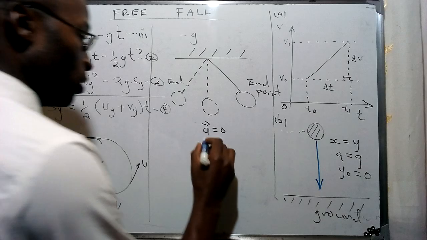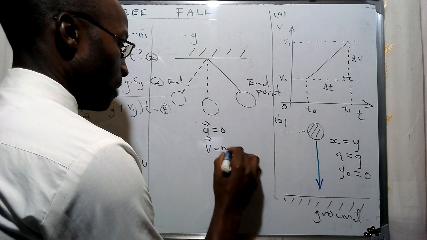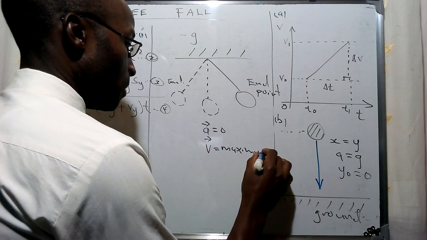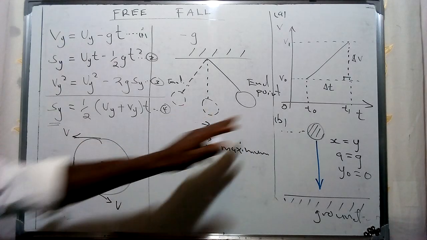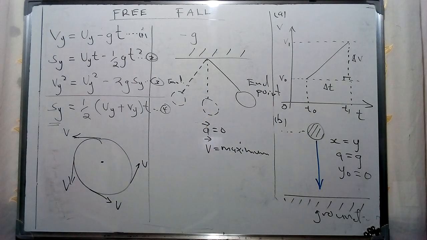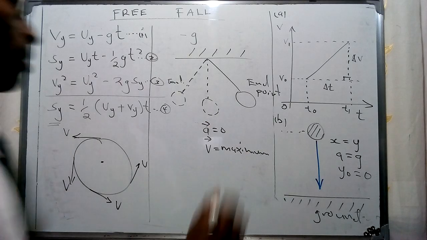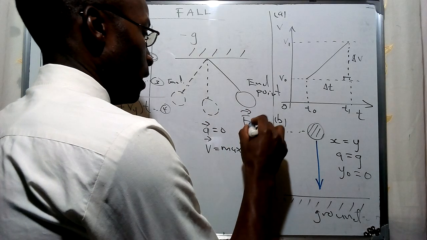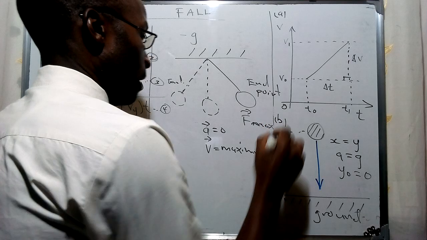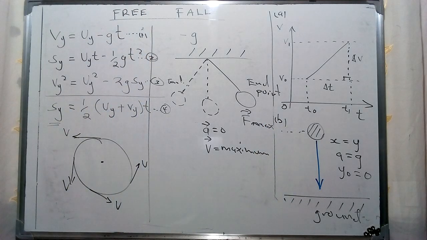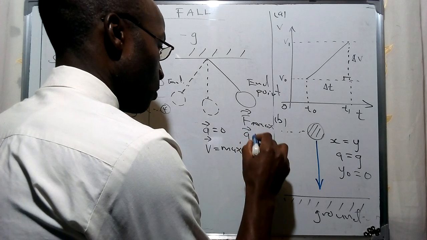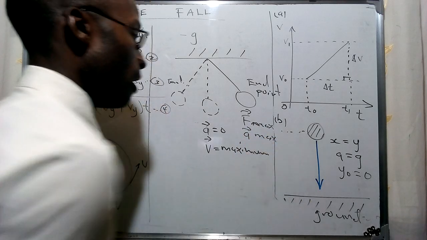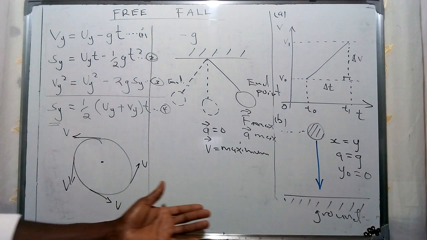But in contrast, we're going to have what we call a maximum velocity at this specific point. For the endpoints which we are going to see for this kind of motion, we're going to have a maximum force being experienced at this specific point. At this point as well, we have what we refer to as maximum acceleration. So we can see that there's going to be a variation given for acceleration and velocity.